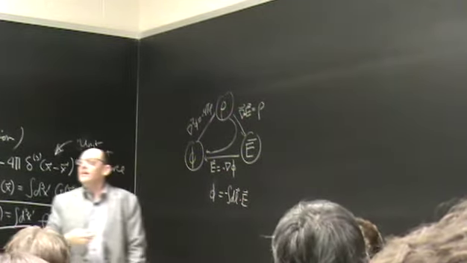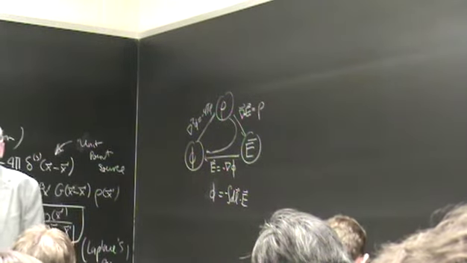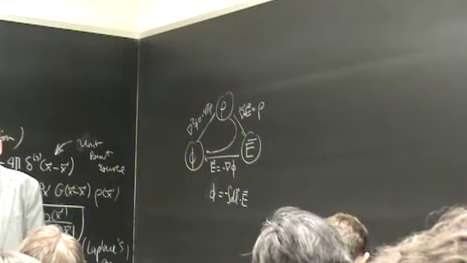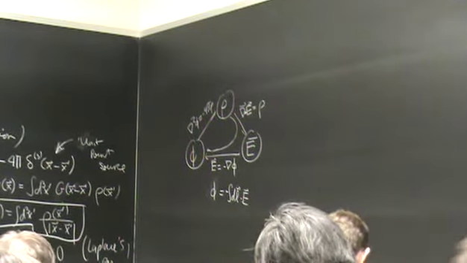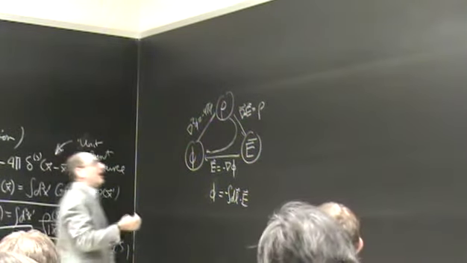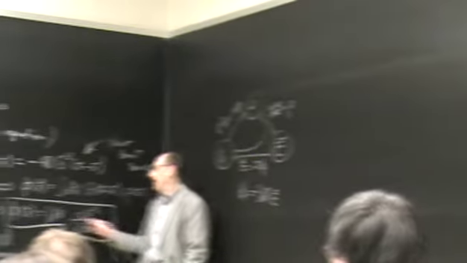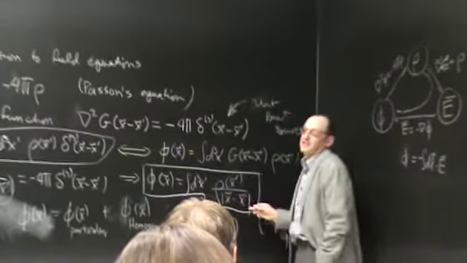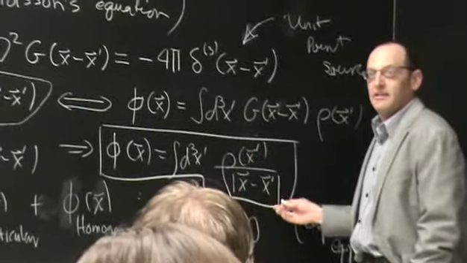On the other hand, that's a rare circumstance, and quite often I can't use Gauss's law to simply determine the electric field from the charge distribution. In which case, the better thing to do is to directly integrate the charge distribution with the Green's function. I mean, the solution to the Green's function was trivial in this case.